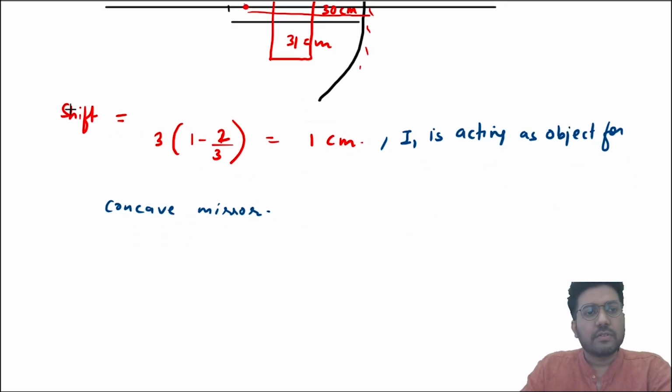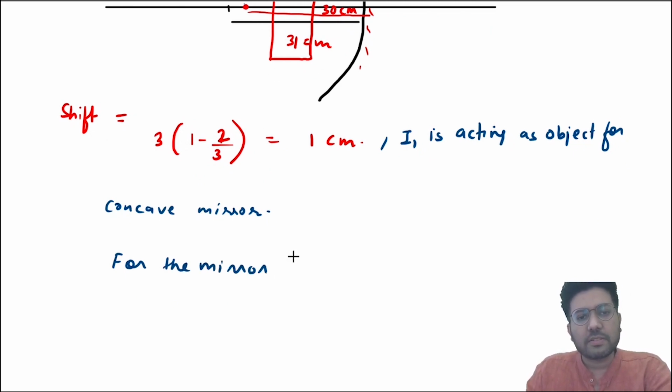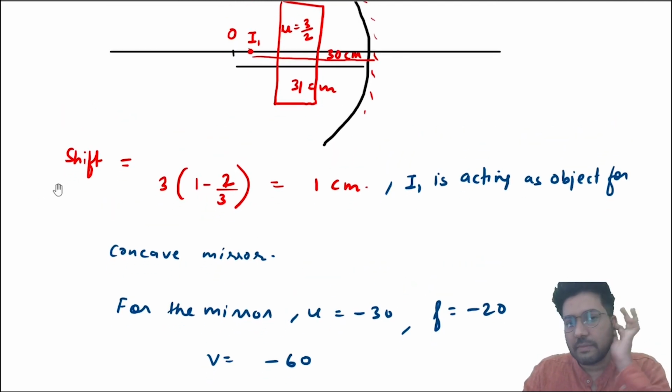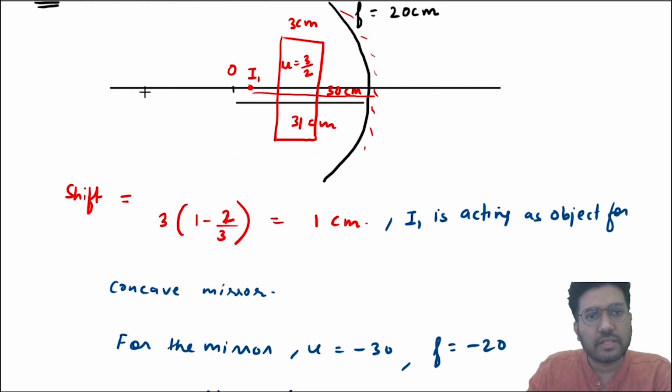Now for the mirror u becomes minus 30. F is given to be minus 20. When you solve this, you will get v is equal to minus 60. So the final position of the image is minus 60.